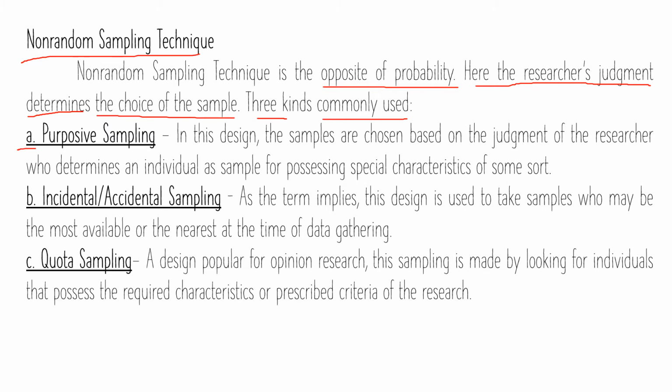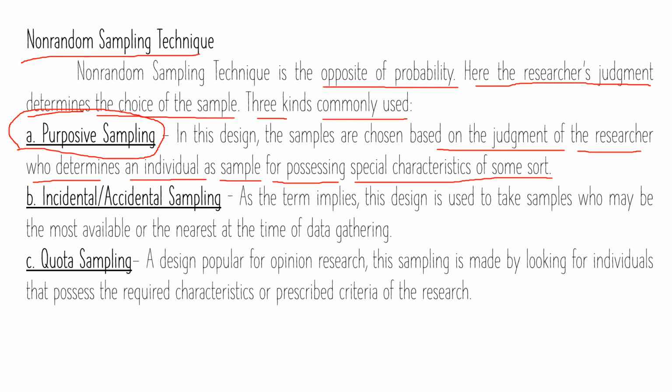Your first one is purposive sampling. In this design, the samples are chosen based on the judgment of the researcher, who determines an individual as a sample for possessing special characteristics of some sort.